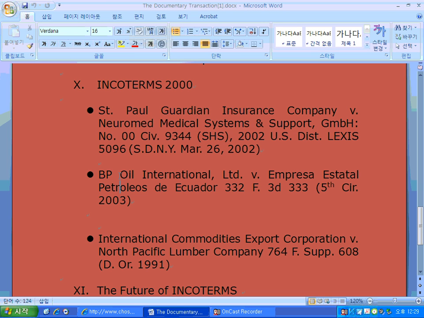For example, the transportation, a ship company, could be one party who is subject to contractual remedies of transportation. And also the insurance company is often called upon to respond.